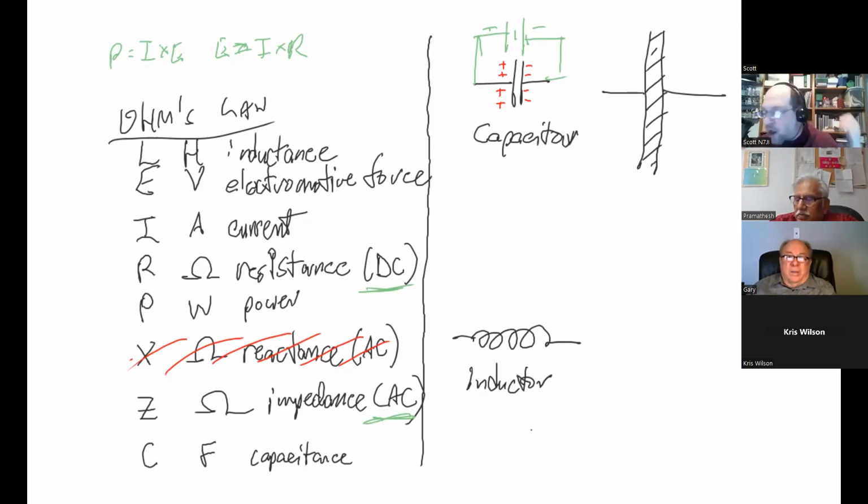Mica is a type of rock. It can be tantalum, polyethylene, ceramic, paper, any number of different things. So now let's take a look at this capacitor. It's two metal plates. Let me fill this one with pluses and then fill this one with minuses.